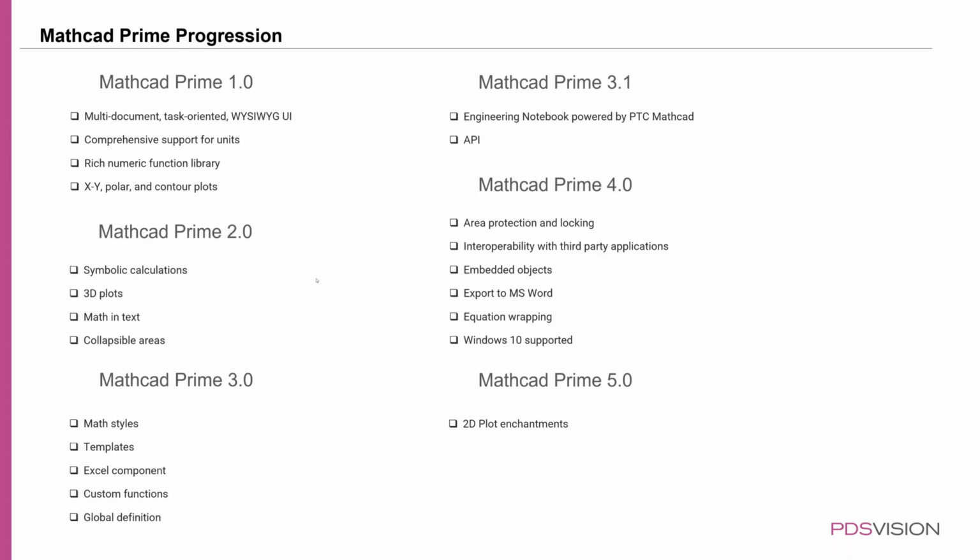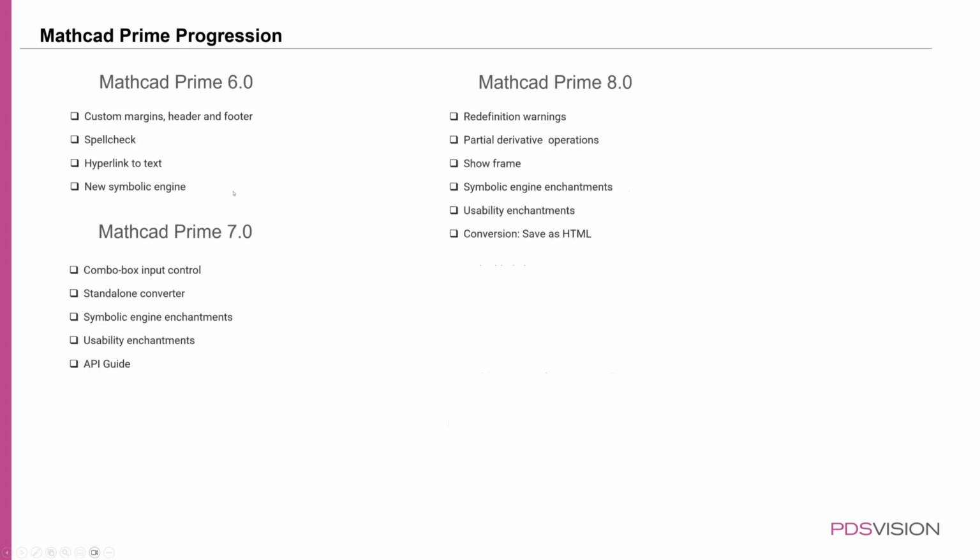On Prime 5, they brought the list and more. They made some enhancements on 2D plot. On Prime 6, they added spell check, hyperlink to text, and a new symbolic engine, and this was a transition to Prime 7.